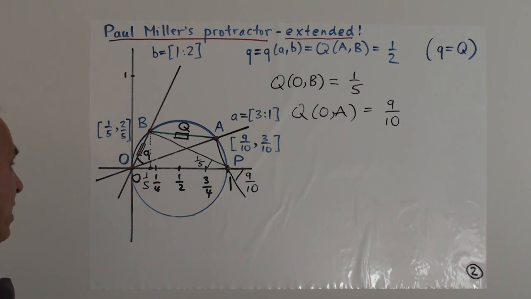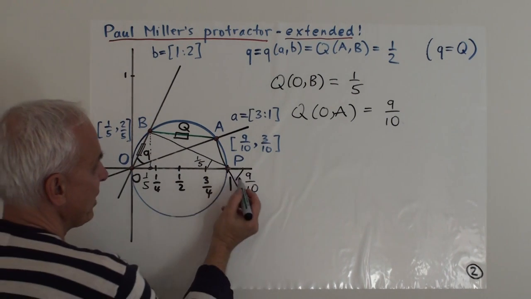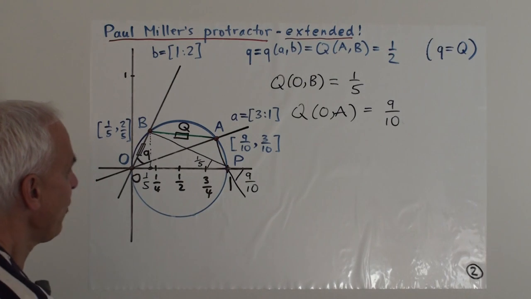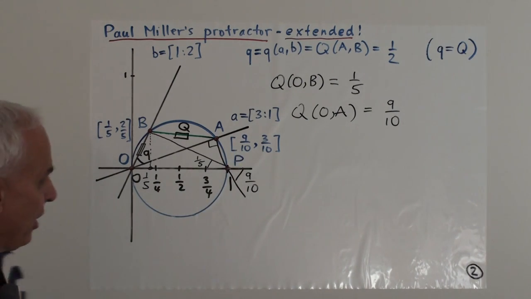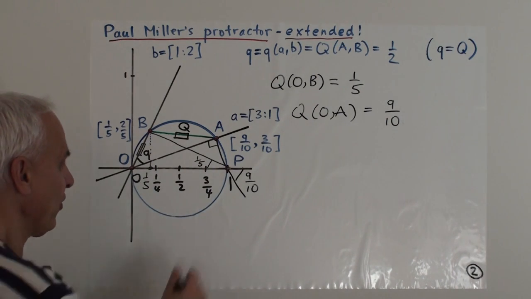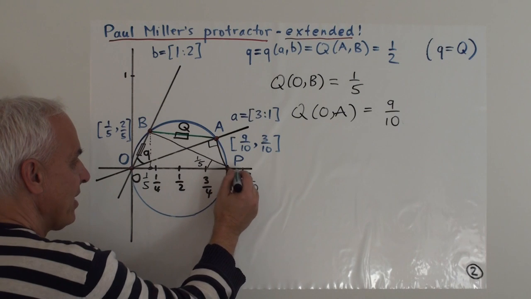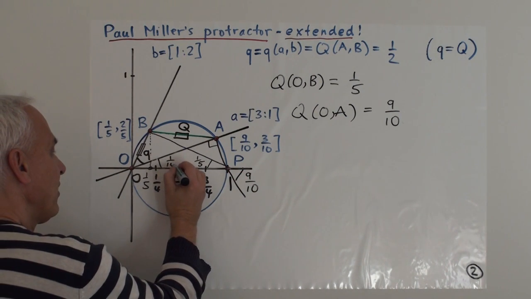And we might remark that, what is this spread over here? Well, if this spread is 9/10, then one fact that we know is that this is going to be always perpendicular, because this is Thales' theorem and this is a diameter. So if this is 9/10 here, then this is going to end up being 1/10 over here.